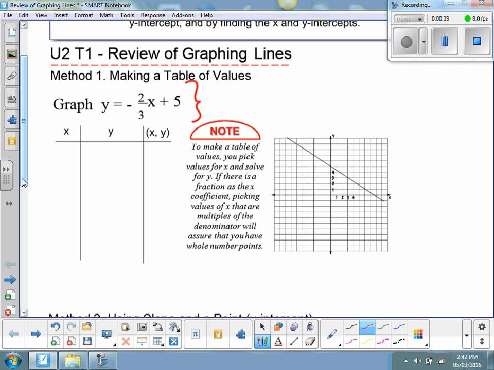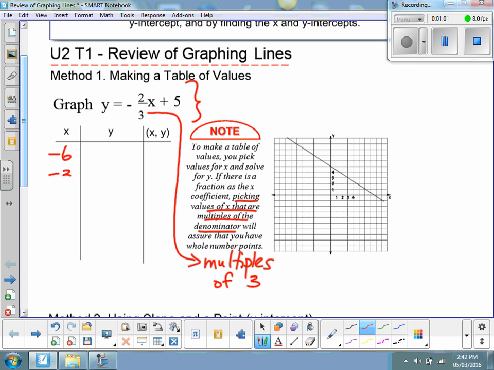Whenever we have a fraction here, so here we've got a 3, you want to pick x values that are multiples of 3. So in my table, I'm going to choose -6, -3, 0, 3, and 6. Okay, those are all multiples of 3. 3 divides evenly into all those numbers.